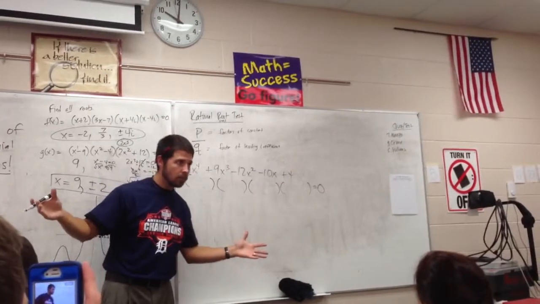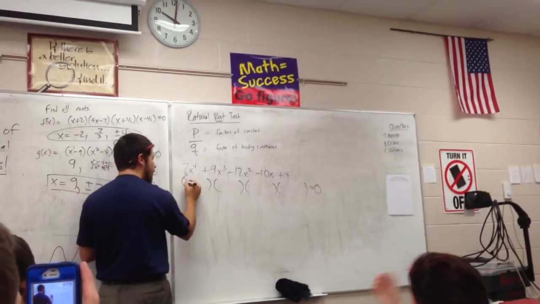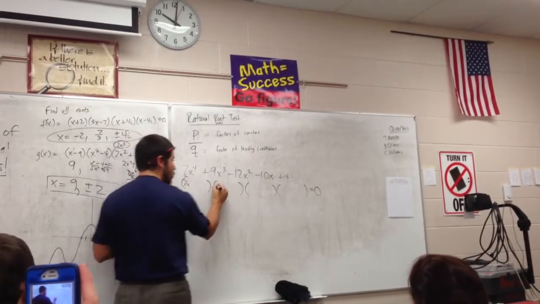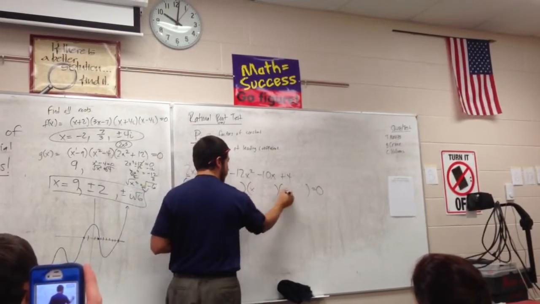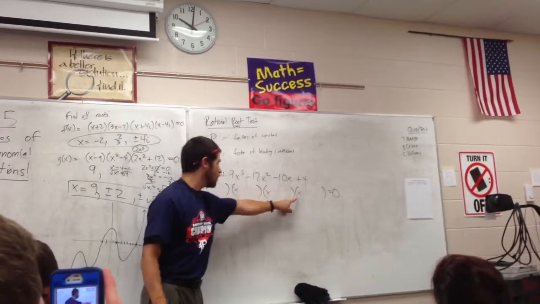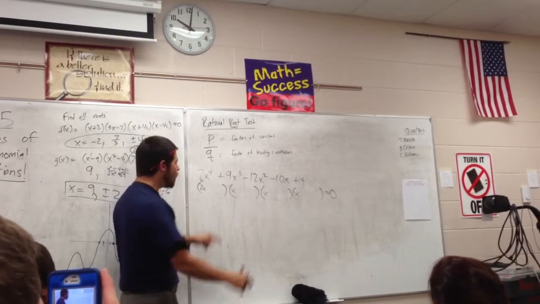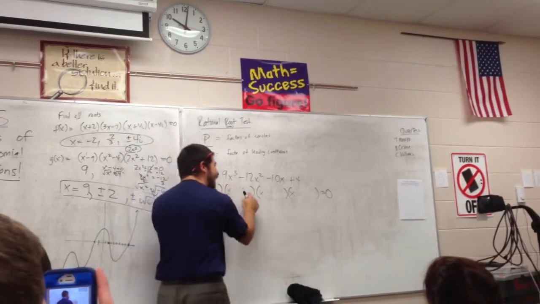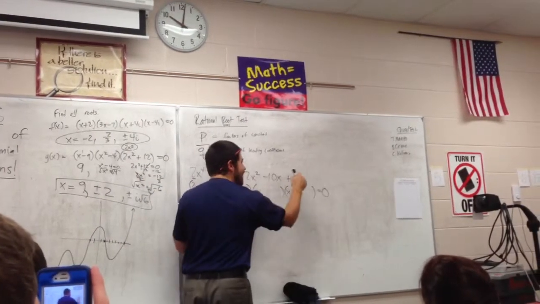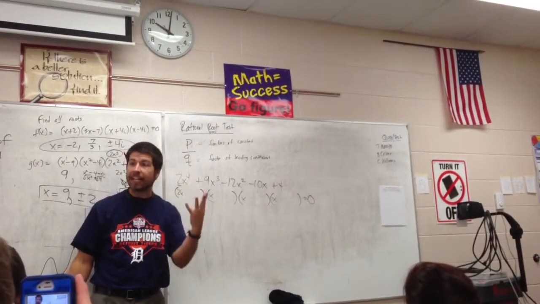Either 2 or 1, right? So what I technically might have here, I might have 2x times x times x times x. Because what is first times first times first times first? Isn't that 2x to the 4th? Right? And what do my last times last times last times last have to give me? 4. Because that's my constant.